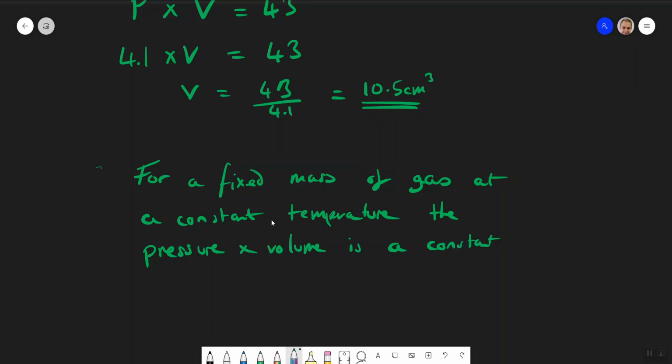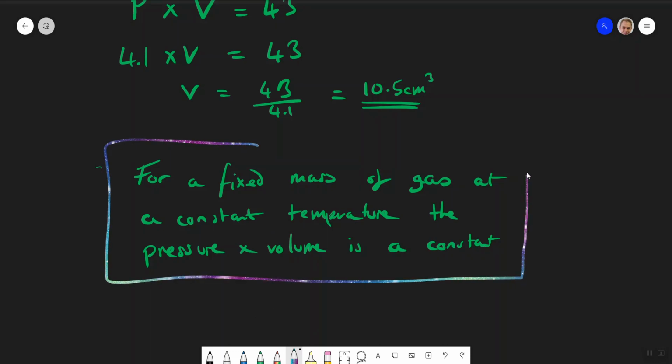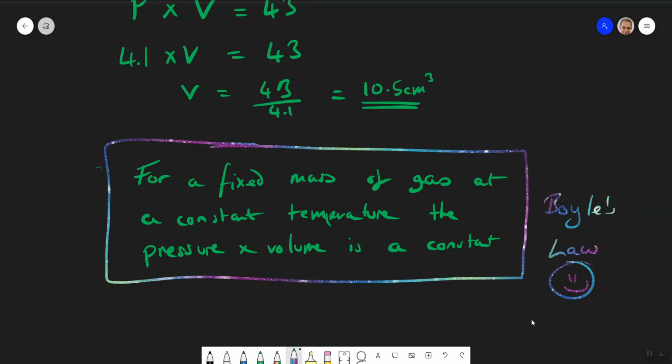And that is Boyle's law. And we'll look at how we can solve that mathematically and some practice problems next lesson.